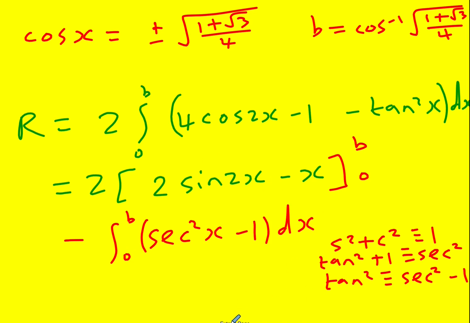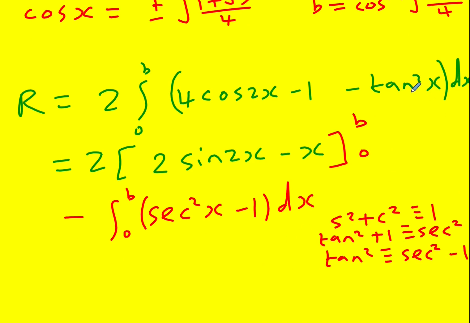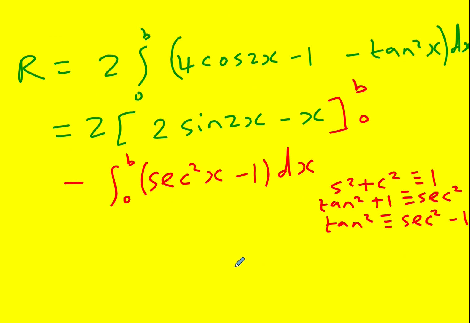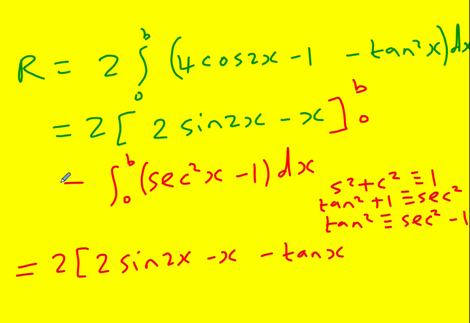But this is good, and this is your classic identity. This is how you deal with integrating tan squared, because the derivative of tan x is sec squared x. That's one worth knowing. So I'm going to get 2 sine 2x minus x minus tan x, and this will become plus 1, which I integrate, which will become plus x.